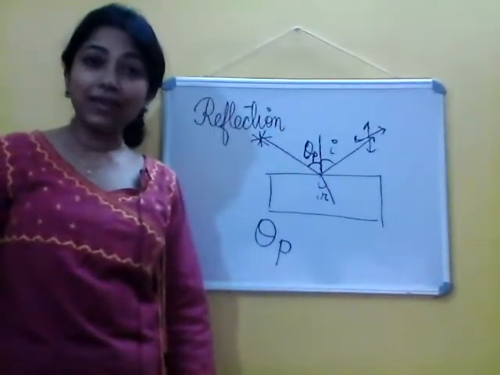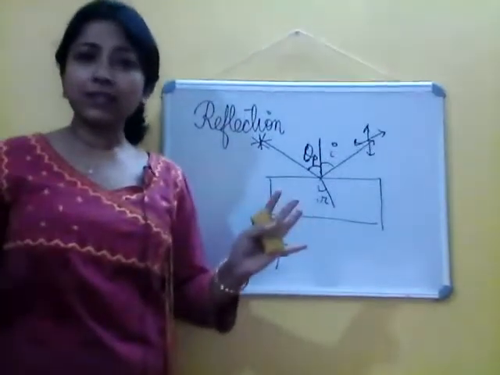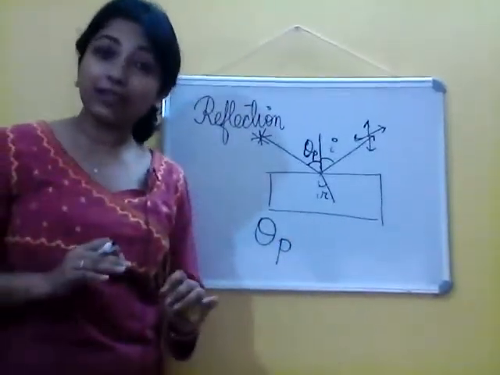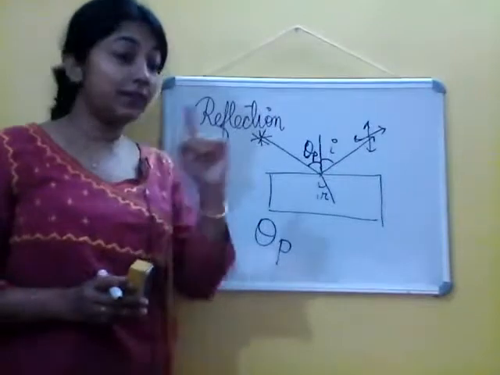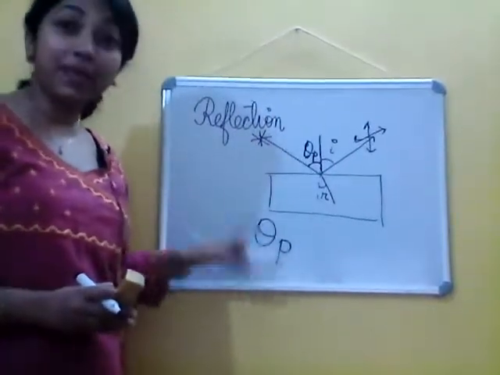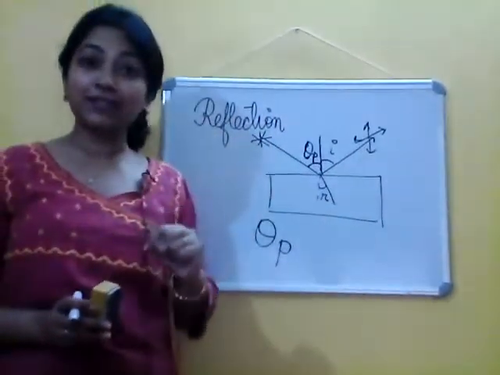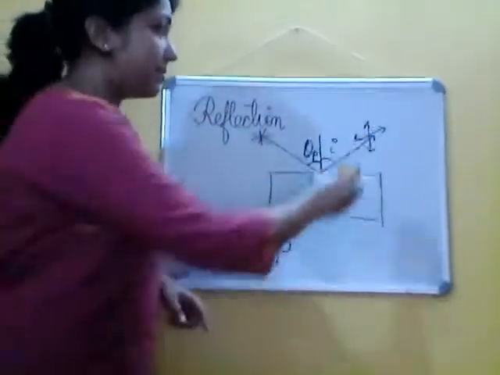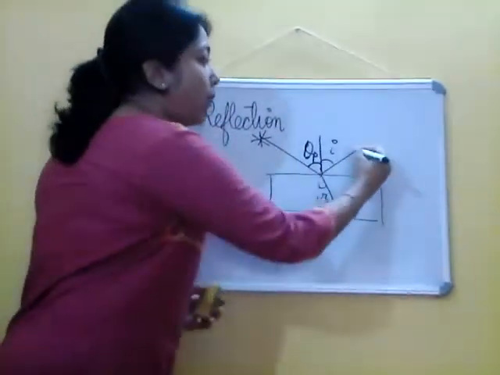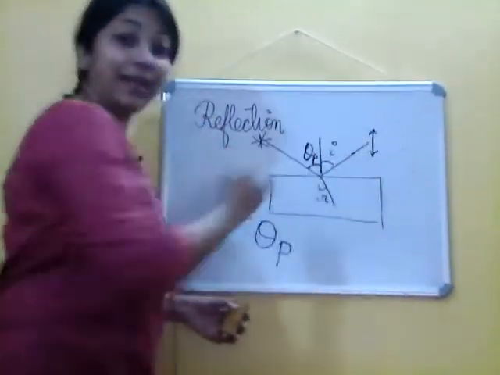Are you following me? For random angles of incidence, the light was only partially polarized. But the moment the particular angle theta p was used as the angle of incidence, the reflected light was completely plane polarized.